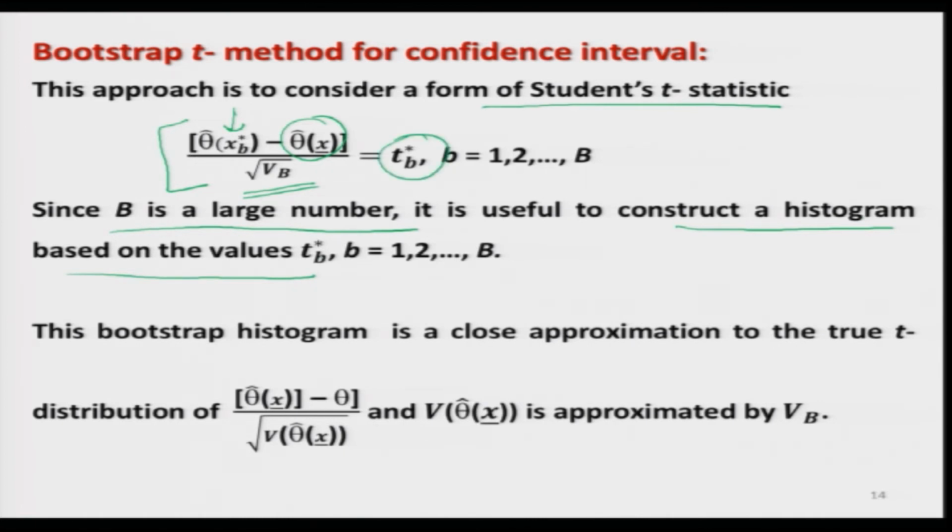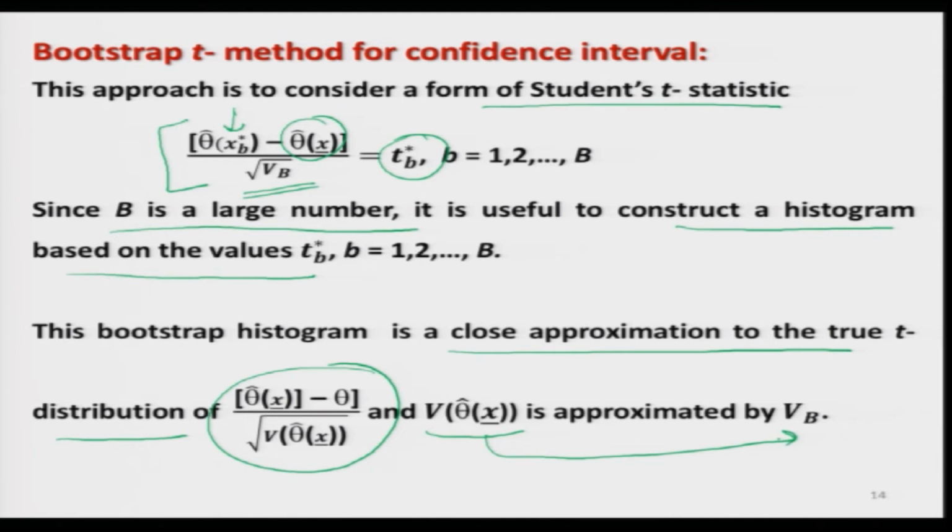So, t star b is the value of the studentized t statistic based on the bootstrap sample number b, small b. If you construct the histogram of the values of t star b, this will be a close approximation to the t distribution of theta hat x minus theta divided by the standard error of theta hat x, where the standard error of theta hat x is closely and well approximated by the quantity VB.